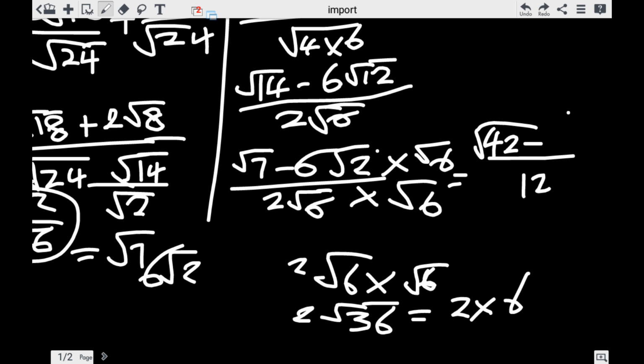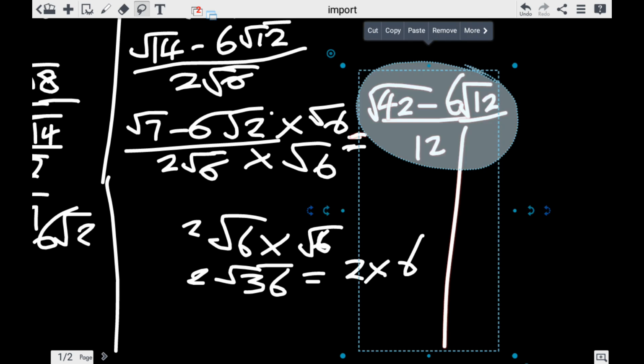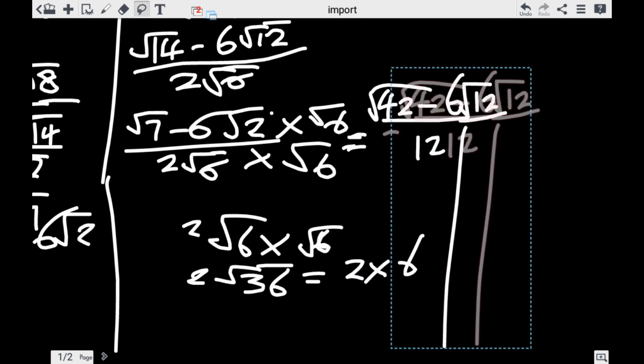So therefore you should say 6 root 12. For this root 12, we can reduce it. So let's reduce it. But let me just take everything here.